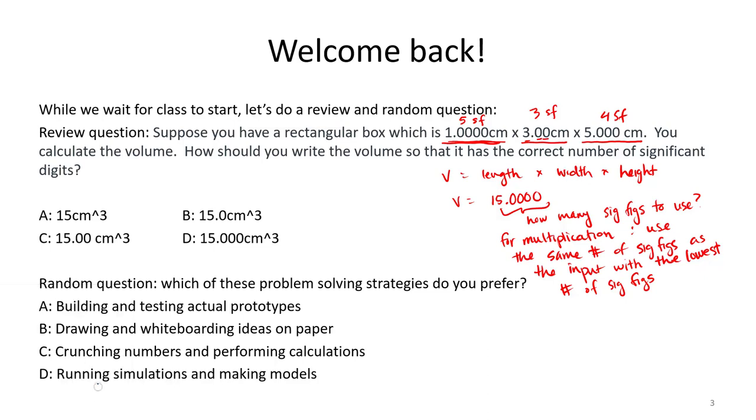So in this case, we need to use 3 significant figures in our final answer. So 15 here becomes 15.0 centimeters cubed here. So therefore, choice B is the correct answer.